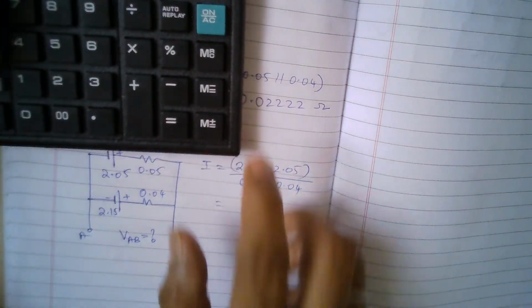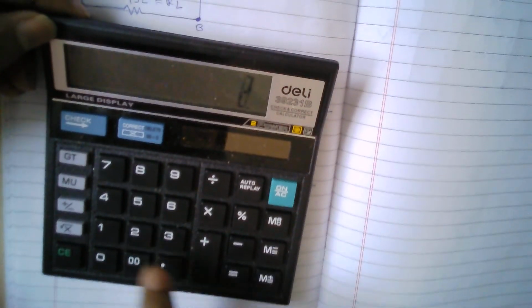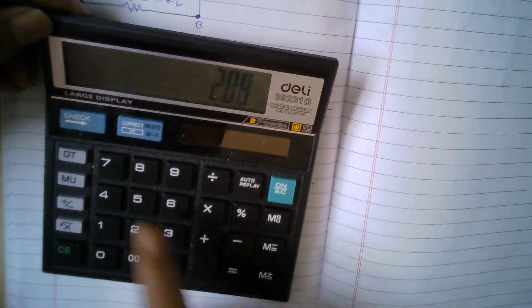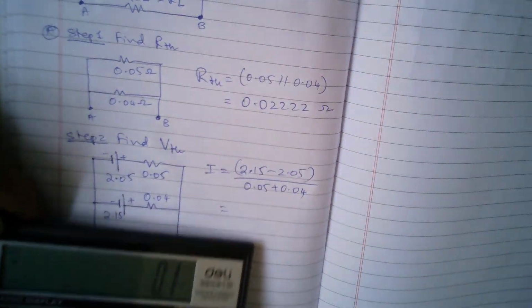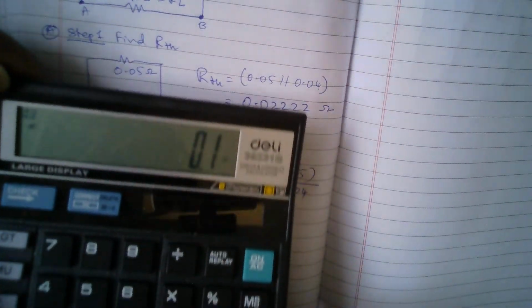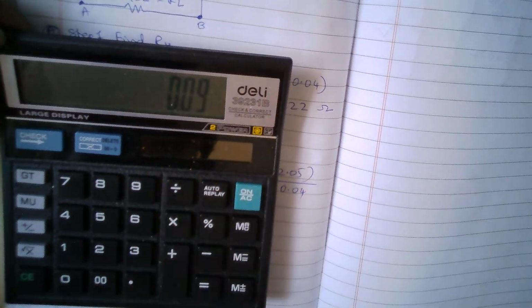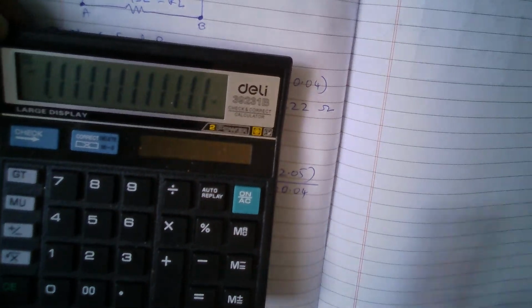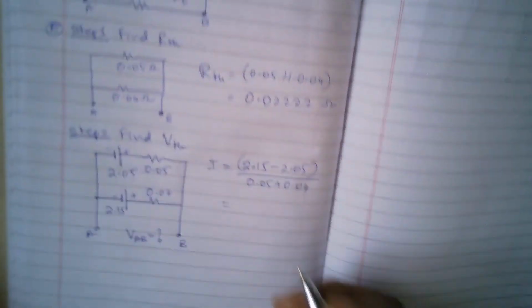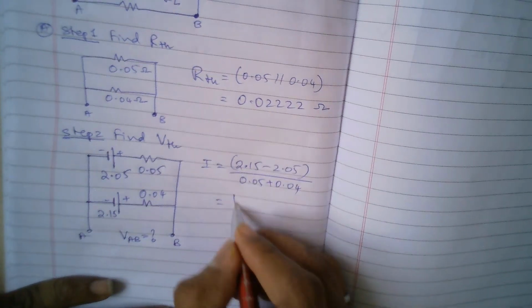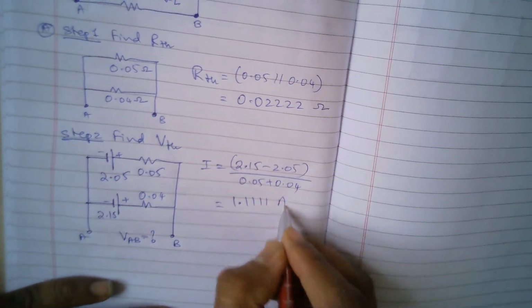That will be the current in the loop. 2.15 minus 2.05 is 0.1 volts divided by 0.09, so I will get the current as 1.111 amperes.